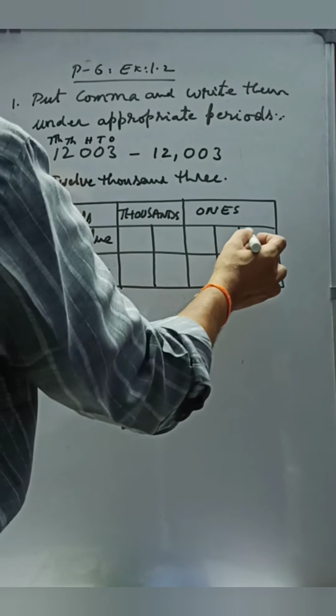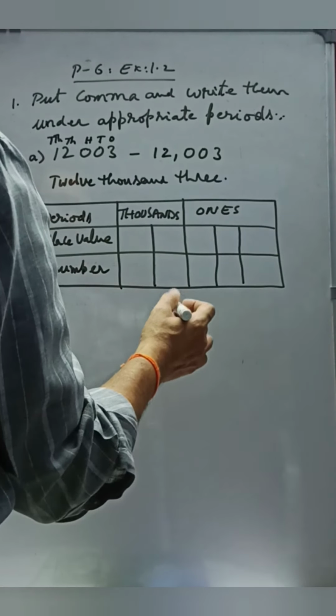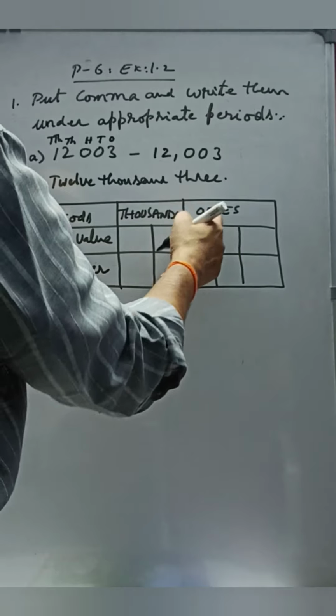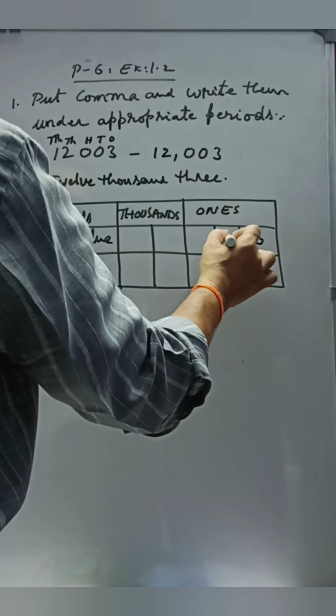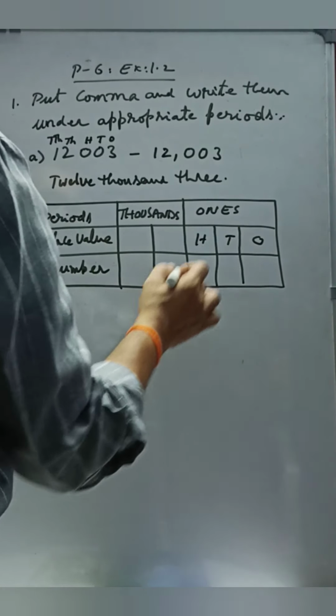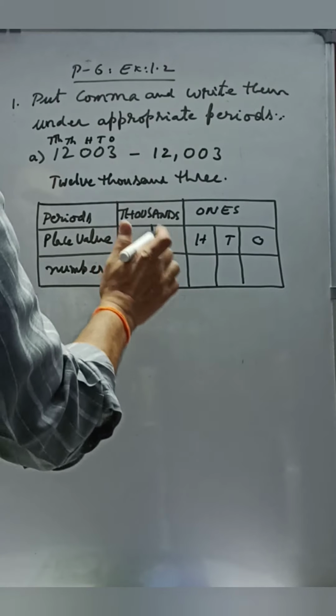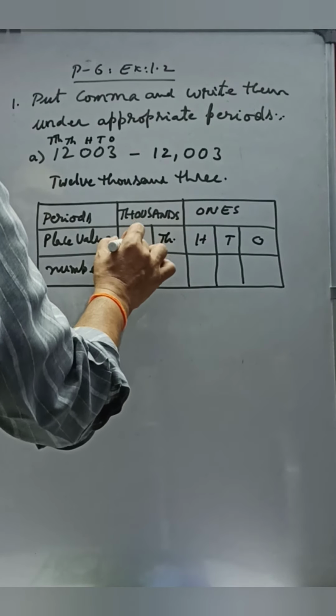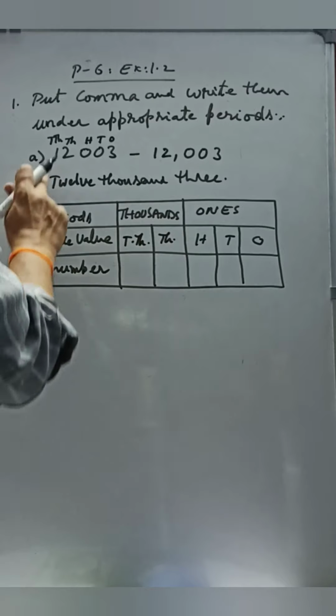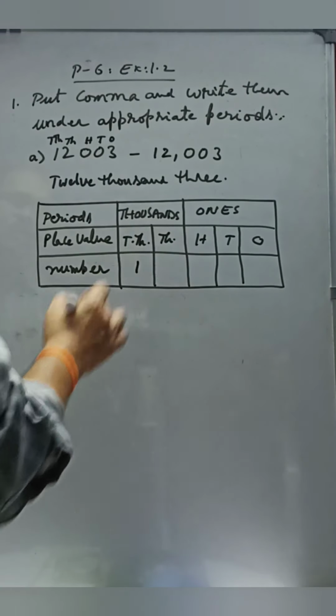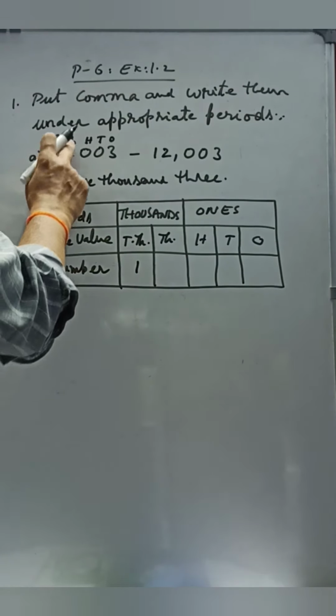In ones period, we have 3 places: ones, tens and hundreds. And there are 2 places in thousands period, thousands and 10,000s. 1 is in the 10,000 place. 2 is in the thousands place.